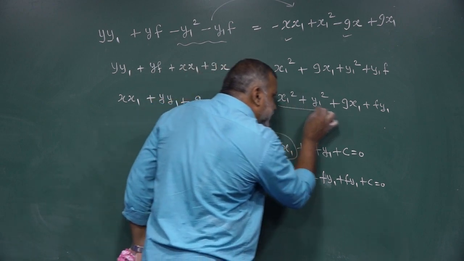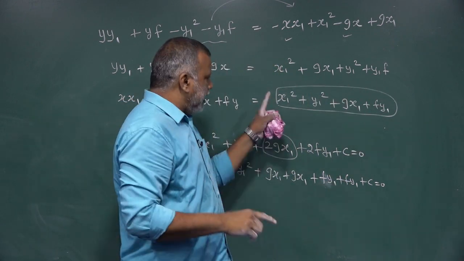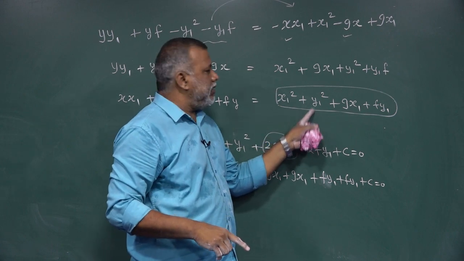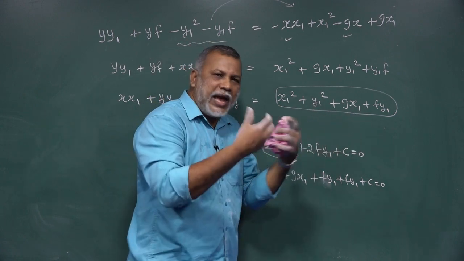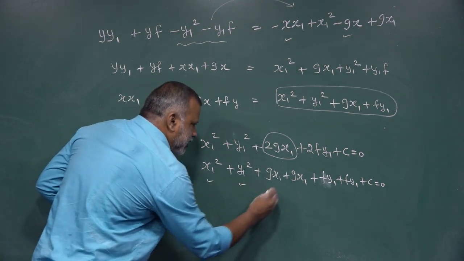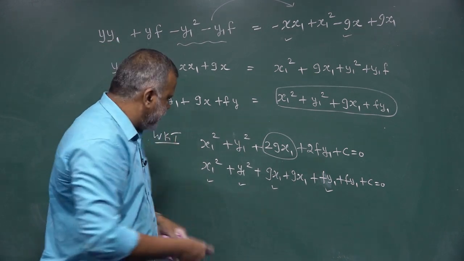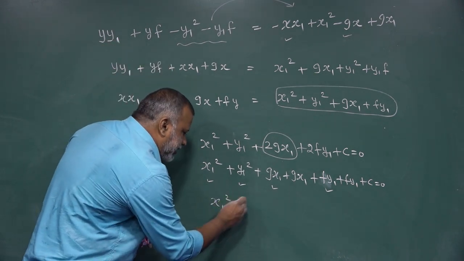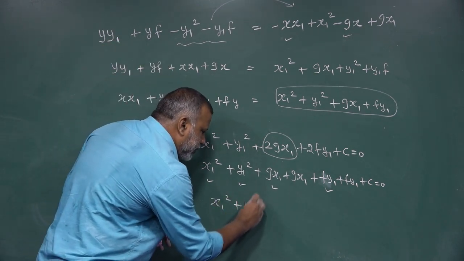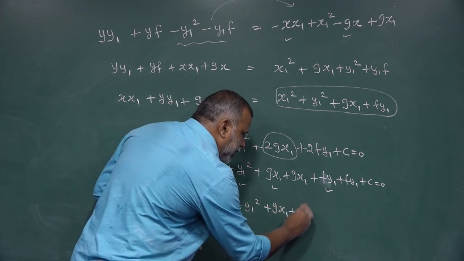See this one, we need 4 values. What are the 4 values? x1 squared plus y1 squared, gx1 plus fy1 I need. So I can write on your LHS side x1 squared, y1 squared, gx1, fy1.